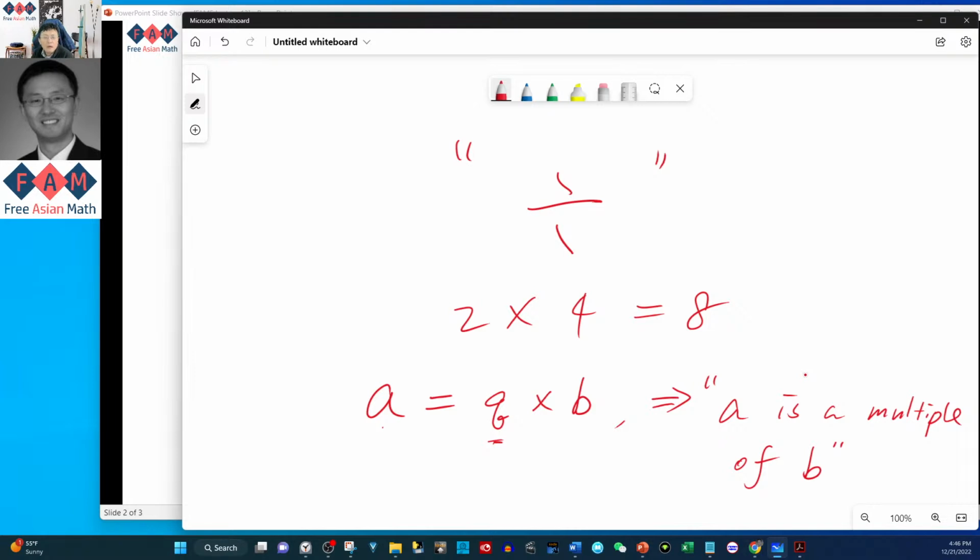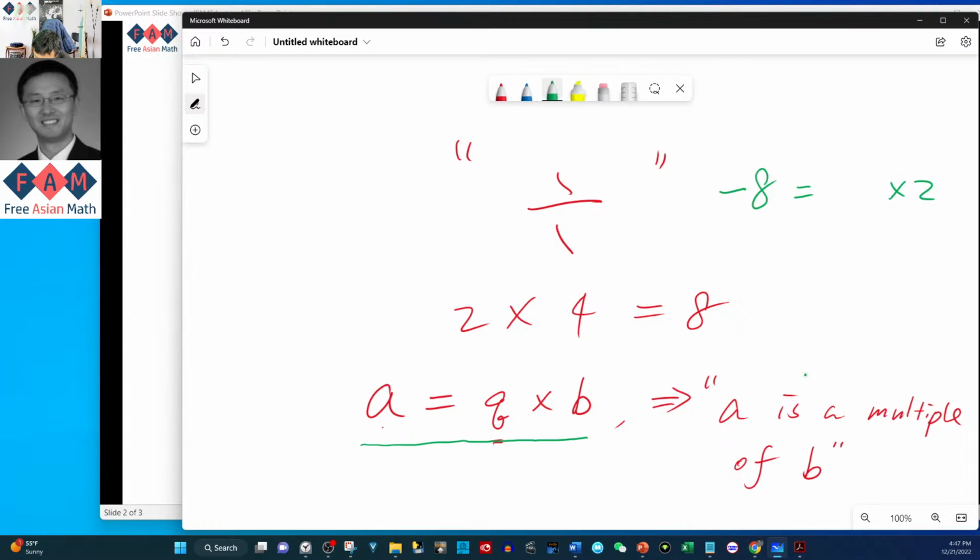One important observation is that we actually have not discussed whether a or b are positive or negative. As long as they're integers, and we can find such a relationship, this will meet our definition of multiple. In other words, if we have negative a equals negative 4 times 2, then negative a is a multiple of 2.